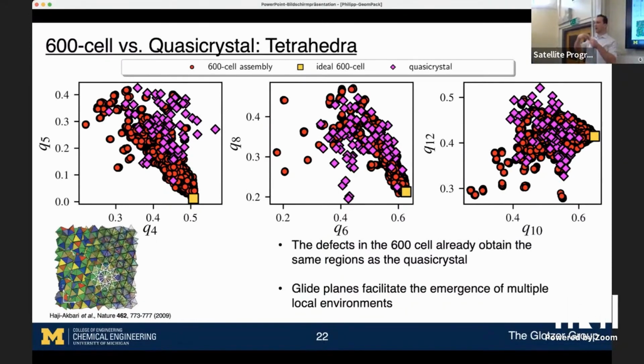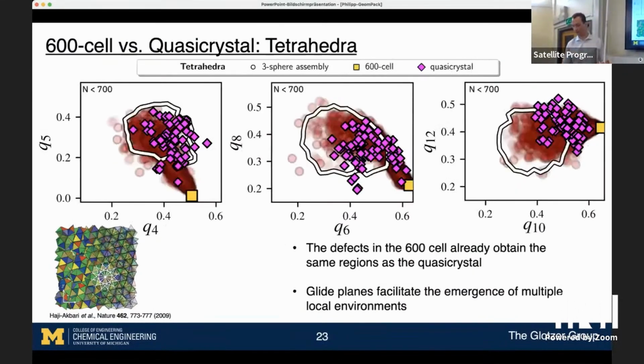This phenomenon, that it's really easy to integrate void defects and interstitials into the particle, has something to do with why it helps the system to form these quasicrystalline structures.